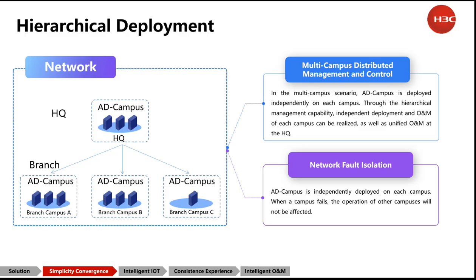What's also really nice about AD Campus or ADNet in general, but in the AD Campus sense of view, is a hierarchical deployment. If we start talking about customers with multiple branches and multiple sites and possibly sites that are located very far away, we can do a hierarchical deployment where you have one main AD Campus cluster of controllers, but then at each branch, you have another set of controllers.